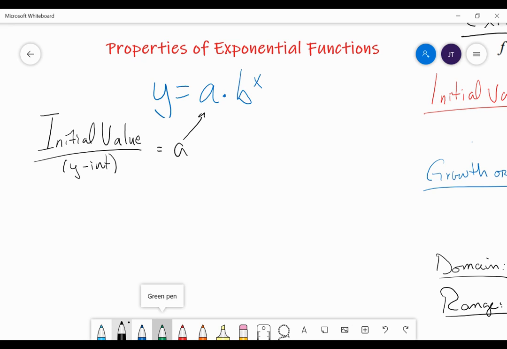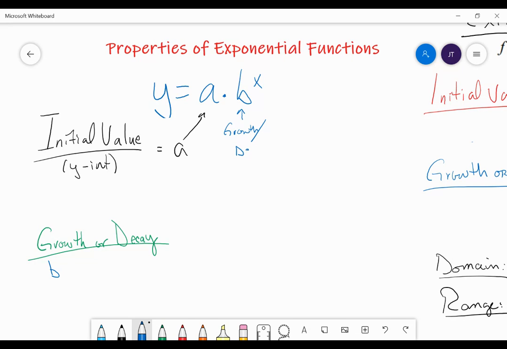Next will be knowing whether your function is an exponential growth or exponential decay. For growth and decay, you're always going to look at your B. So your B is growth or decay.